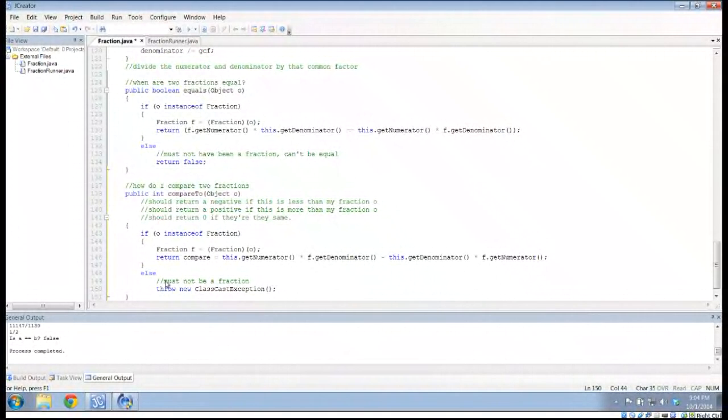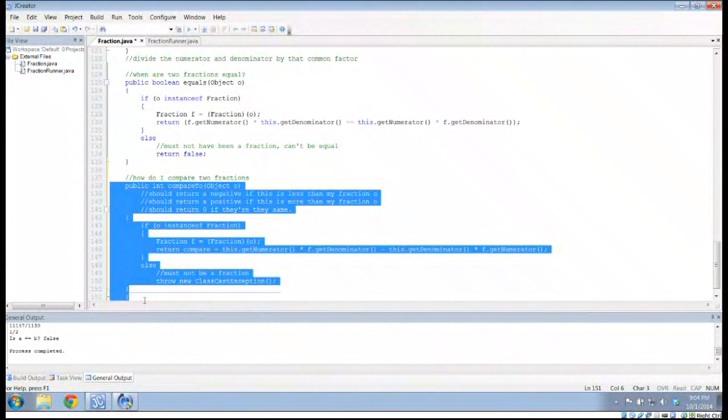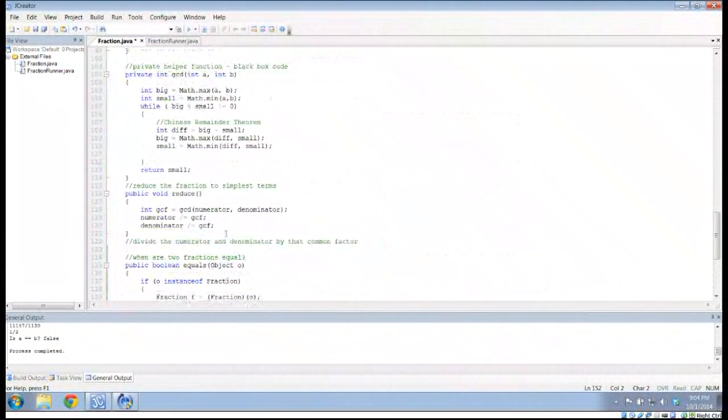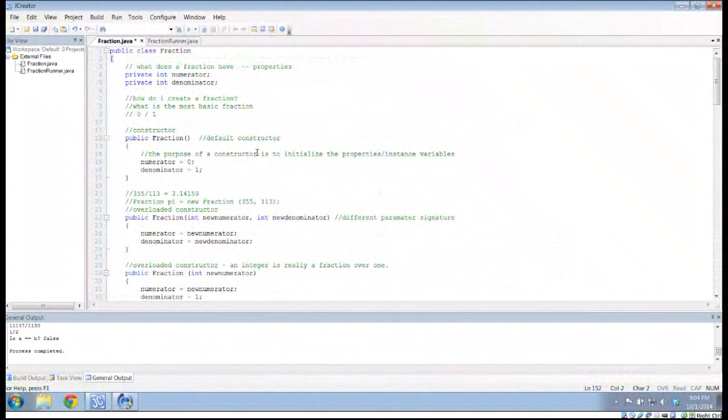Now, there's one more thing that we have to do for this compareTo method to truly work. And the one other thing we have to do is up at the very top. And again, we'll explain this in more detail when we're in our polymorphism section.